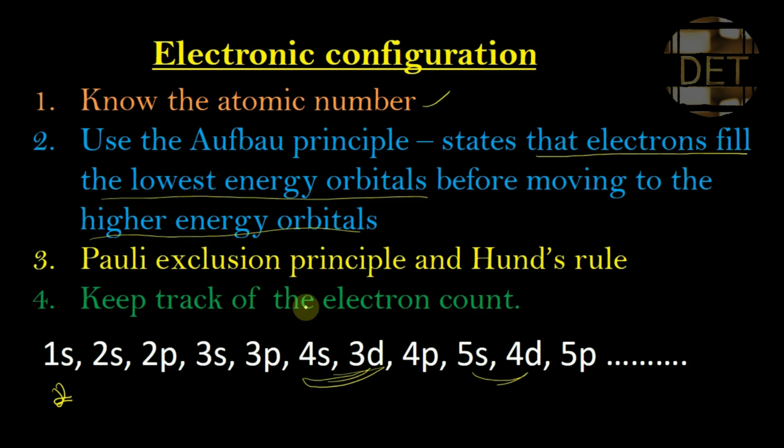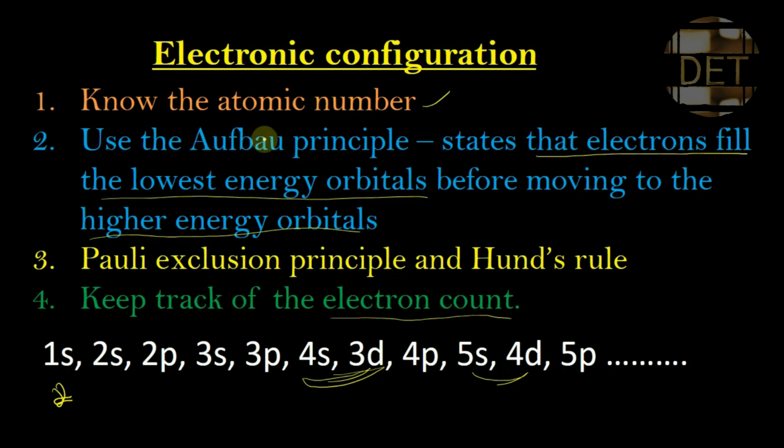So as you are configuring the element, you are keeping track, noticing or keeping note of the electron count. Very important. So these are the four main things that you must consider when you're writing out the electronic configuration of an element. Number one, you must know the atomic number of the element or of the atom.